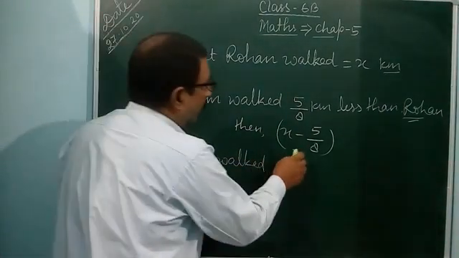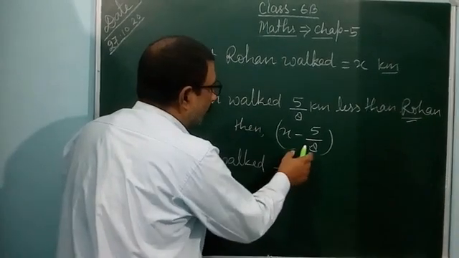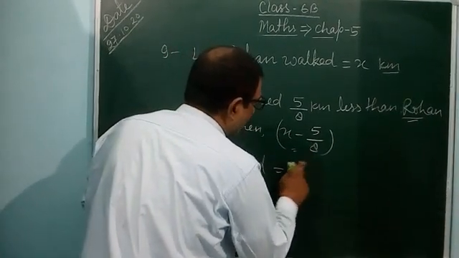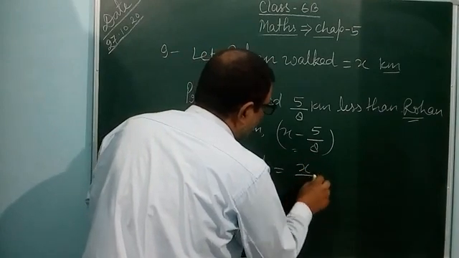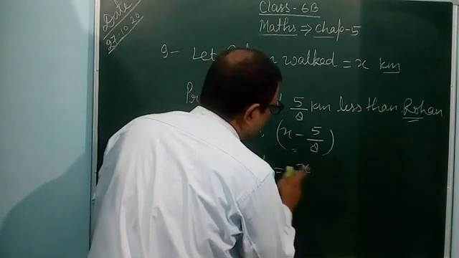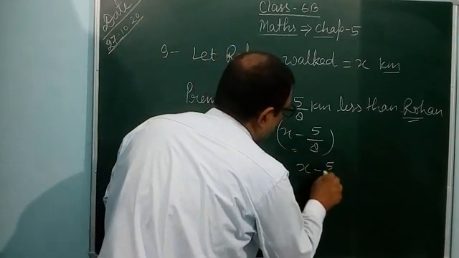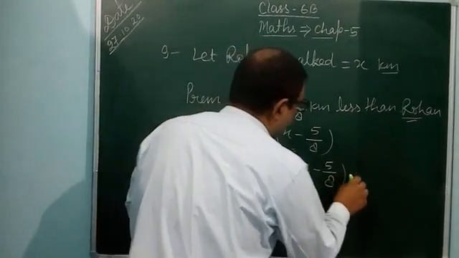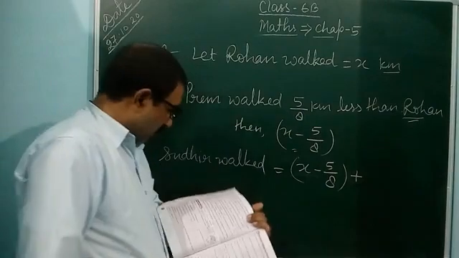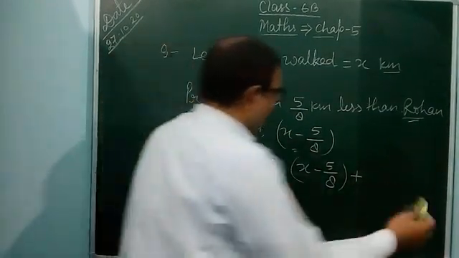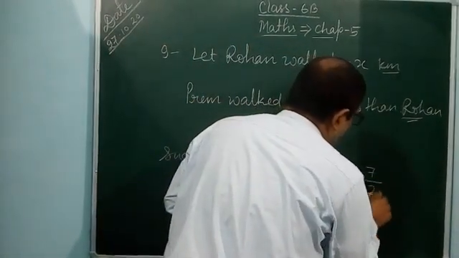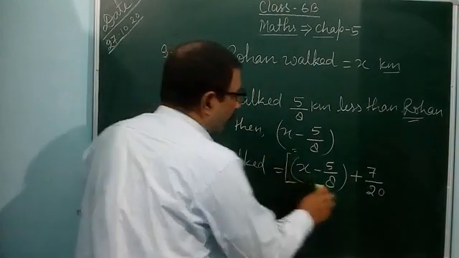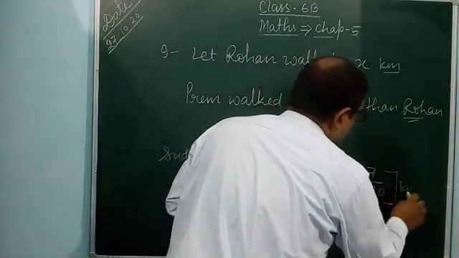So this is Prem. Prem walked x minus 5/8, so you can write more than: x minus 5/8 plus 7/20 kilometer more. So in this way you can say this kilometer.